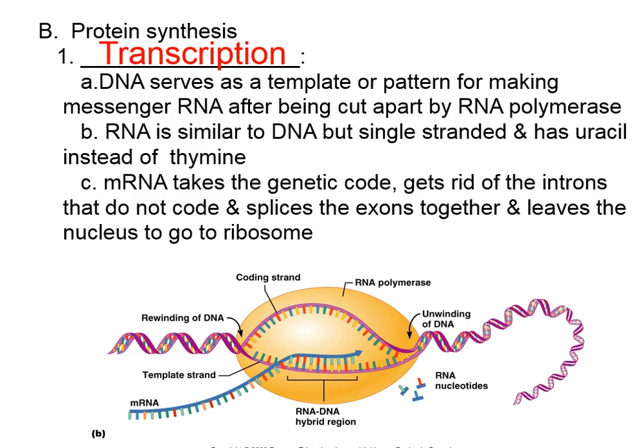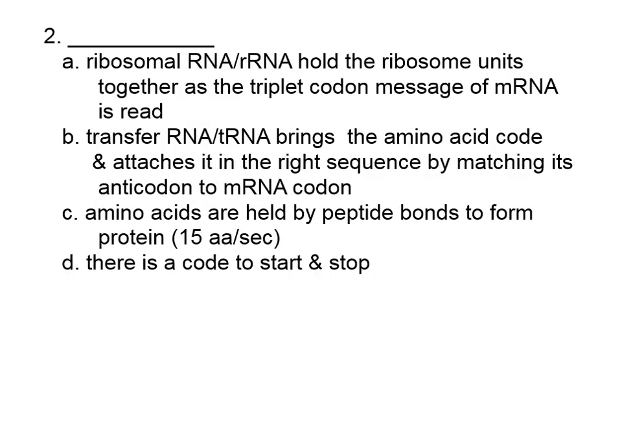It's just a placeholder to help protect the code. So before messenger RNA leaves, we have to get rid of the nonsense. The nonsense is introns, and what's going to exit the nucleus is exons. That's the real code. So before that messenger RNA leaves, we take out the introns and only the exons leave the nucleus. So transcription, very easy, is DNA to RNA.